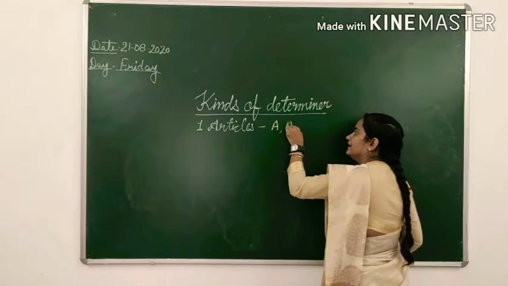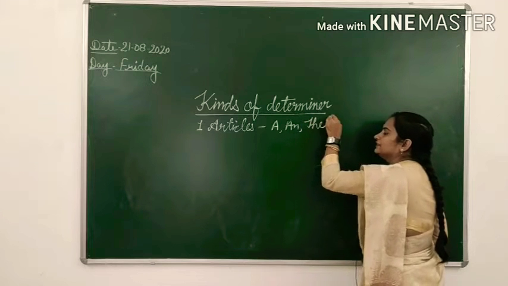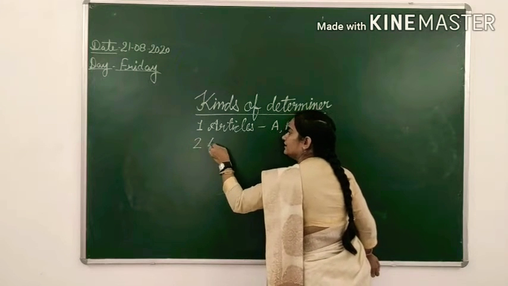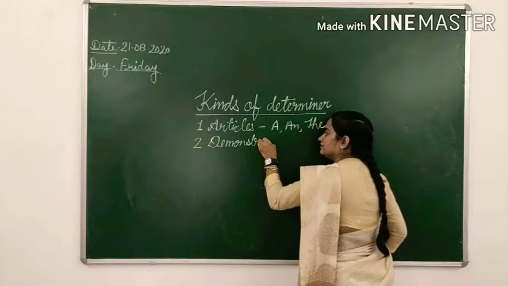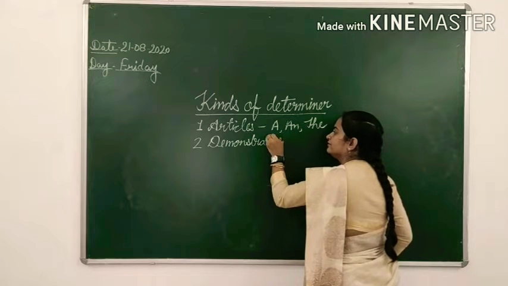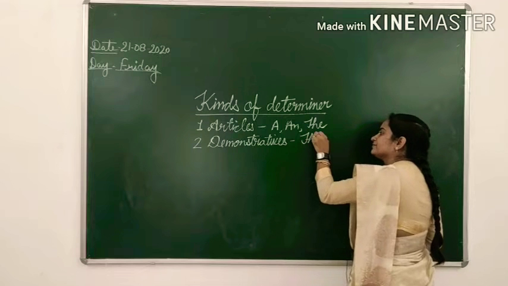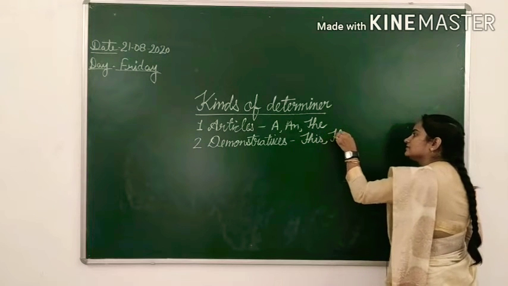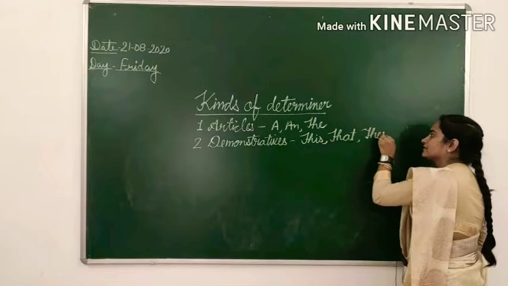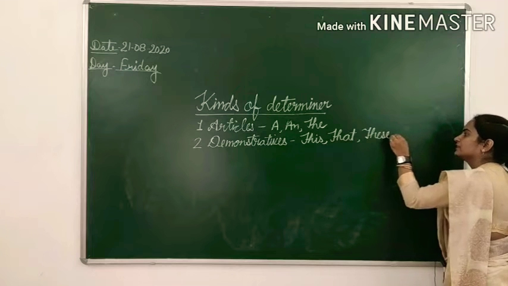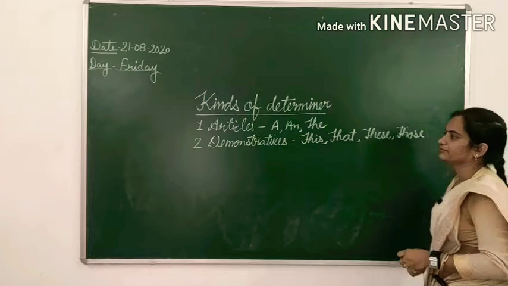A, an, the are the parts of article. Second one, demonstrative. This, that, these and those. This, that, these, those are demonstrative.